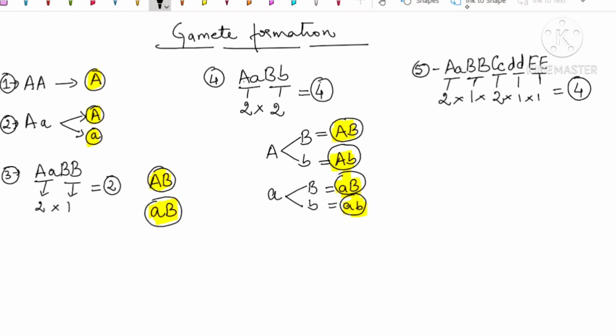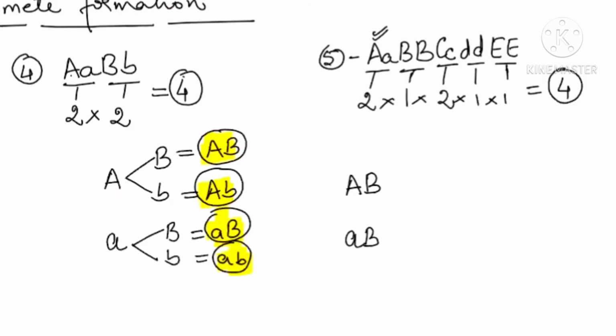Now see how to make the gametes. First of all, we'll work only on A. So let us separate capital A and small a. Then B is homozygous, means it will make only one type. So you will add only B here. Then C is heterozygous. Do the fork line this way.